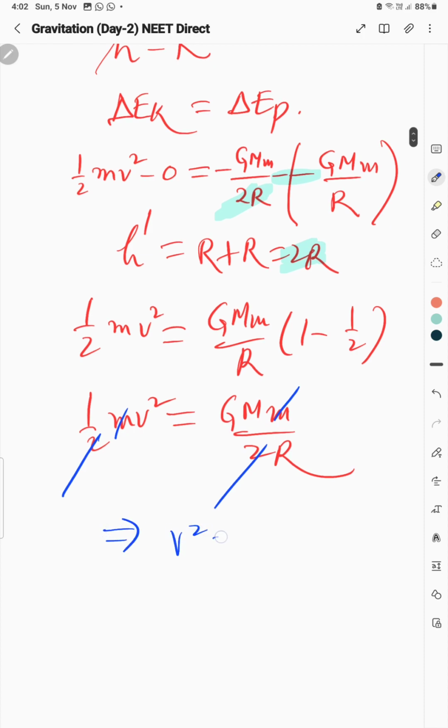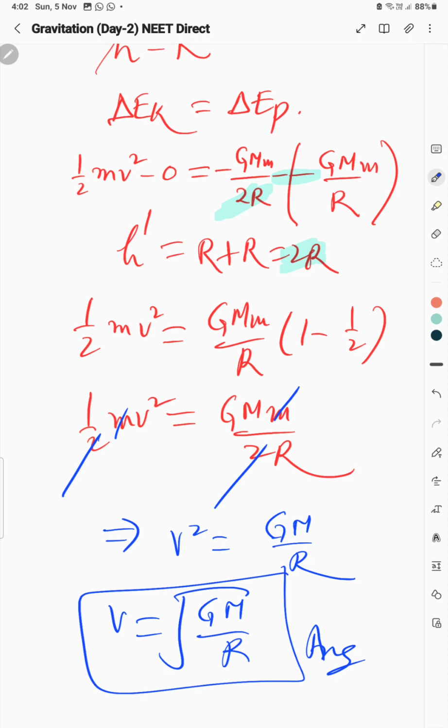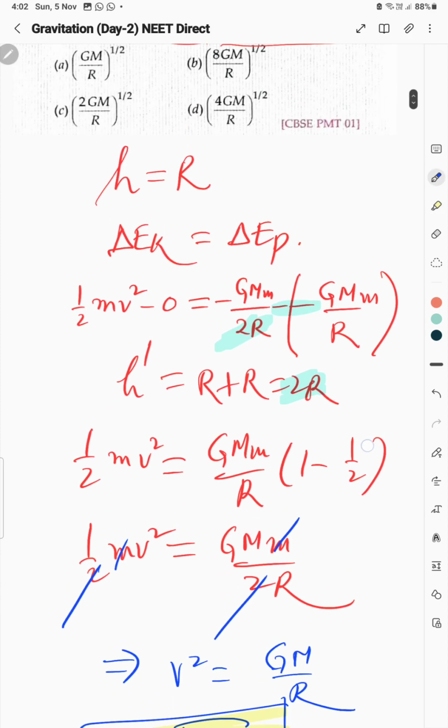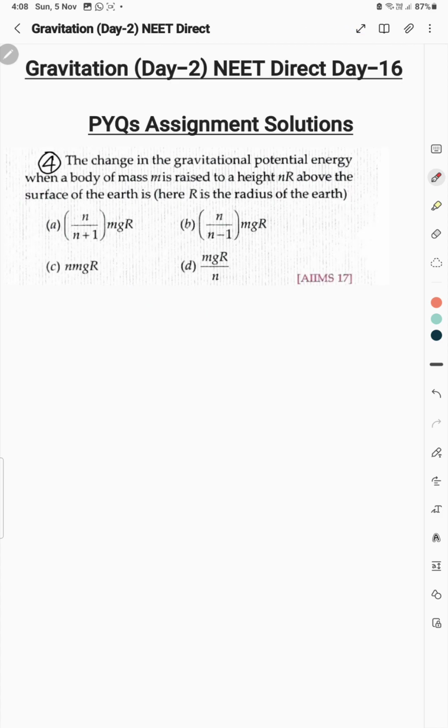And therefore v square becomes GM by R. Hence v is equal to square root of GM by R. This is the answer. That means if a projectile is projected upwards with this initial velocity, it will acquire a height equal to the radius of the earth. Now, let's check which option it is. This is option A.